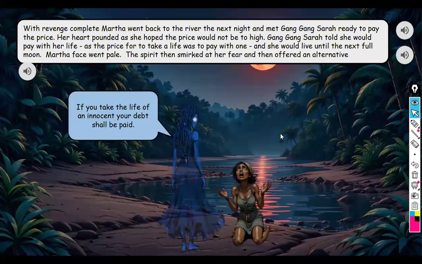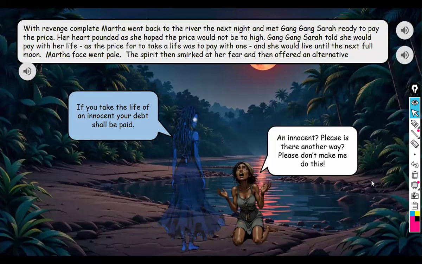Clearly, Gang Sarah here is a kind of trickster, right? A person you don't make a deal with. So Martha, to repay the debt, has to take a life in return, right? What will Martha do now? She's in a little bit of a pickle here, right? But the deal has already been made.